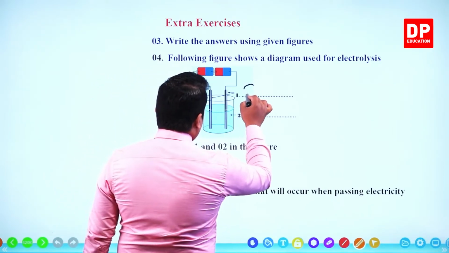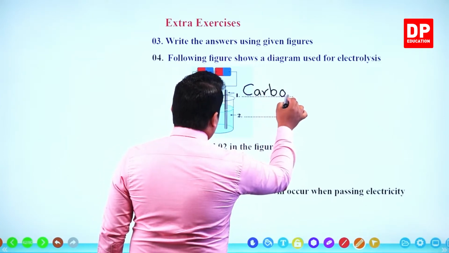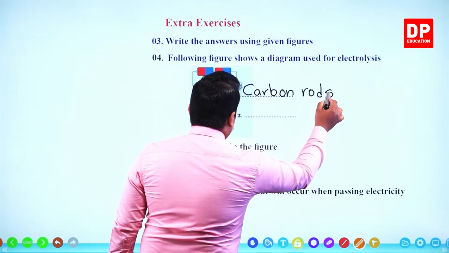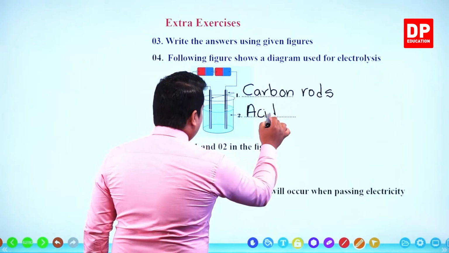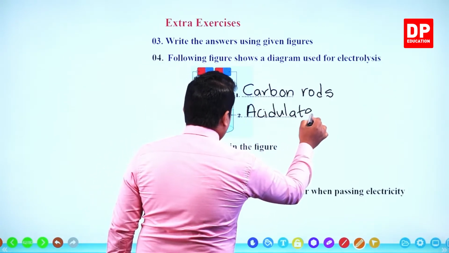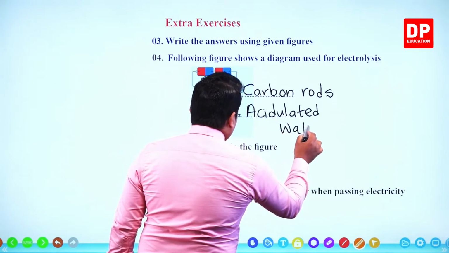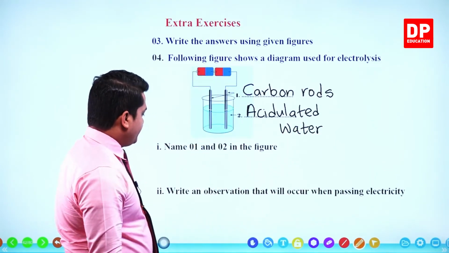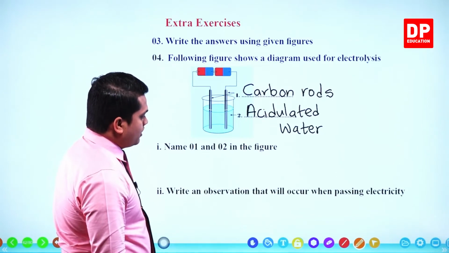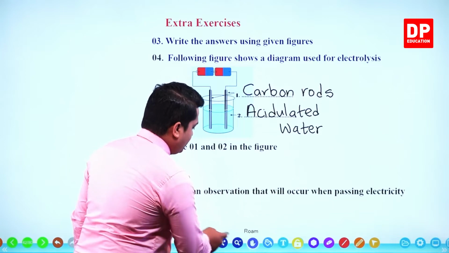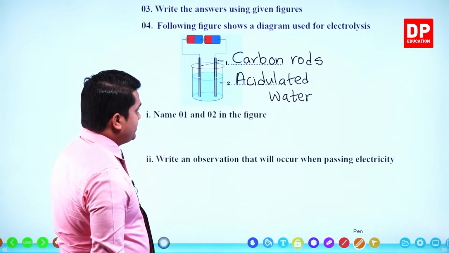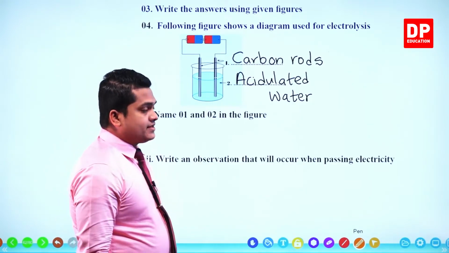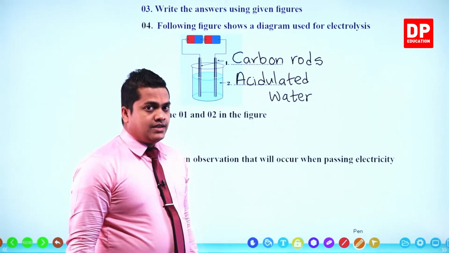Number 1 is carbon rods. Number 2, acidulated water. Write an observation that will occur when passing electricity. So when passing electricity, what is the observation that we can see? The observation is quite simple, my dear children. When electricity is passing through the solution, you can see that gas bubbles are getting emitted.